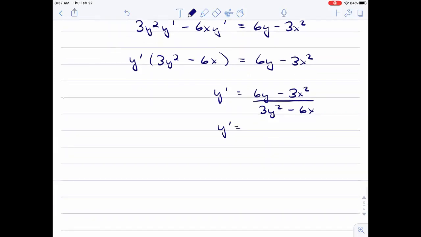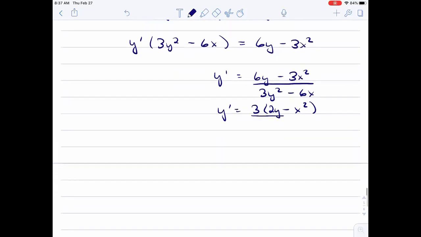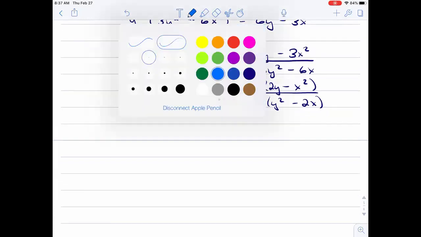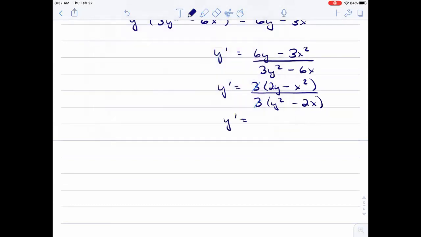So y prime is 3 times 2y minus x squared over 3 times y squared minus 2x. These 3s I can cancel. And so I'm left with y prime is 2y minus x squared over y squared minus 2x.